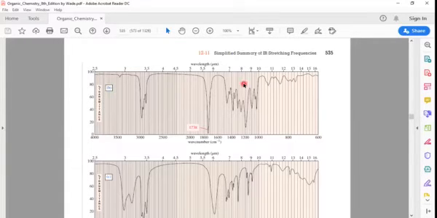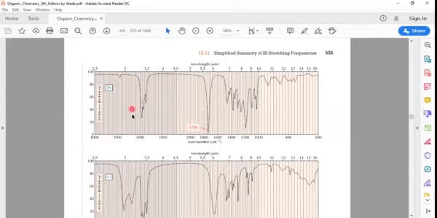Now this B, look at this again. We see a very prominent peak here, definitely a carbonyl. What type of carbonyl? Maybe an ester.